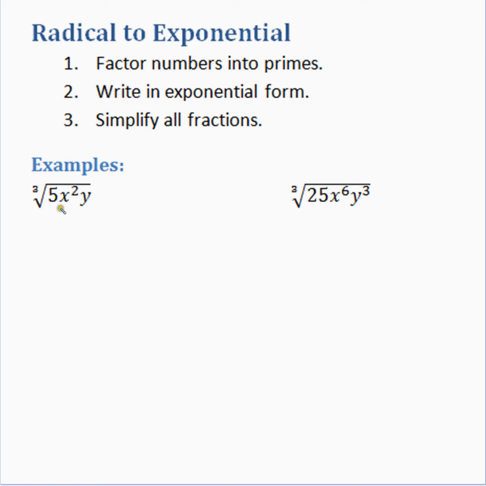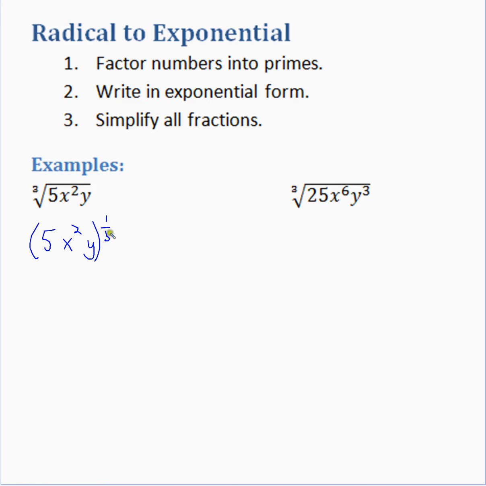In this one, we have the cube root of 5 x squared y. Well, all these are in primes already, so we don't really need to do anything. 5 is a prime, we don't do anything with that. And so write in exponential form: this is 5 x squared y, and it said it was the cube root, so this is to the 1/3.